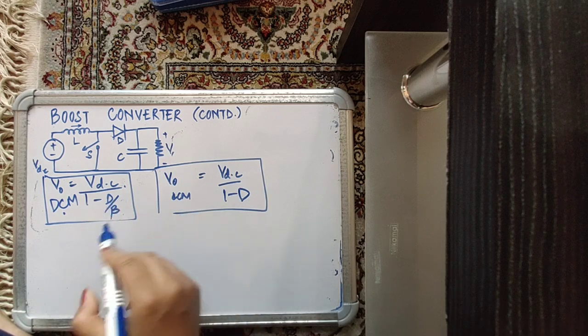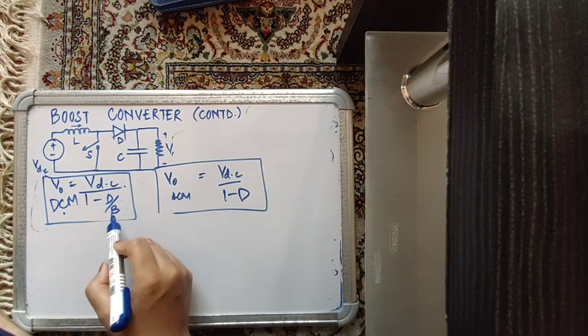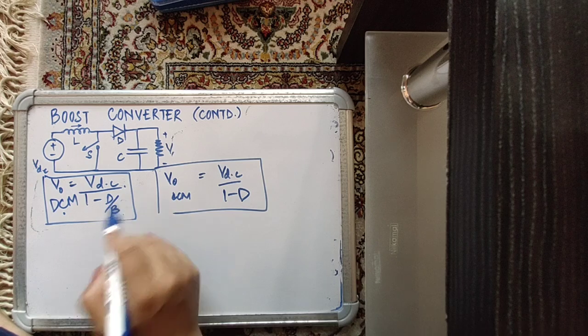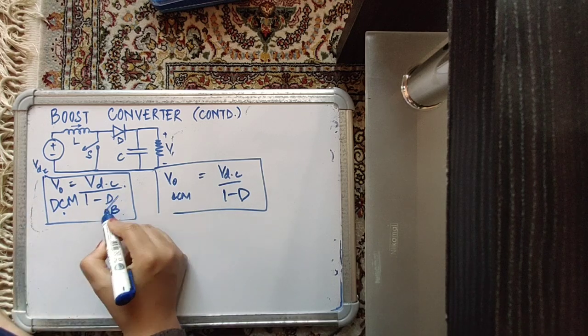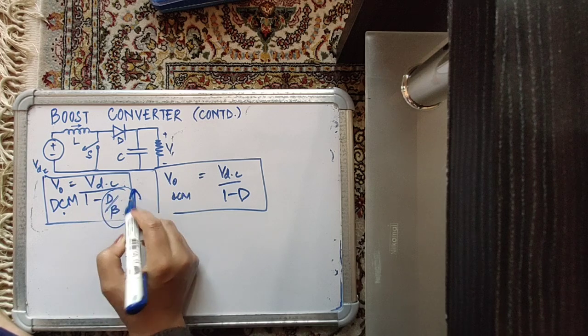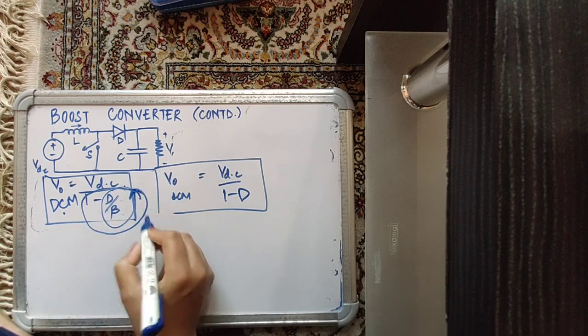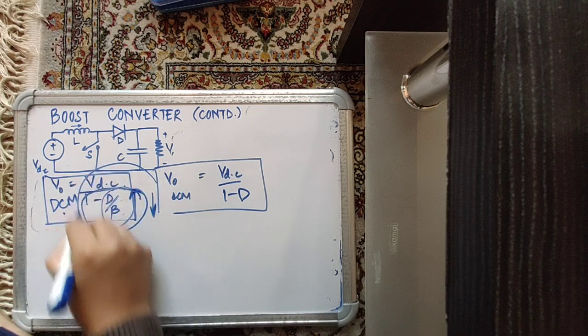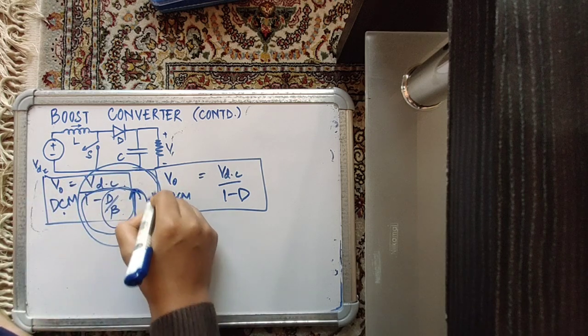Let's see how it will affect the average output voltage. Beta is a fraction, and you're dividing D by it, so this particular fraction is increasing. The overall denominator is decreasing, and the whole fraction is increasing.